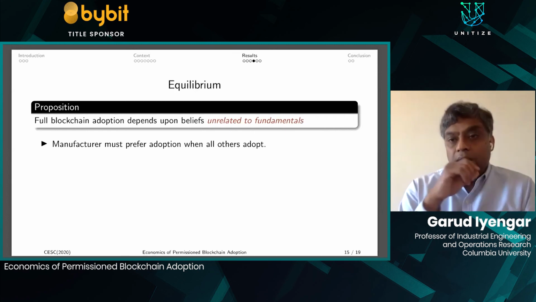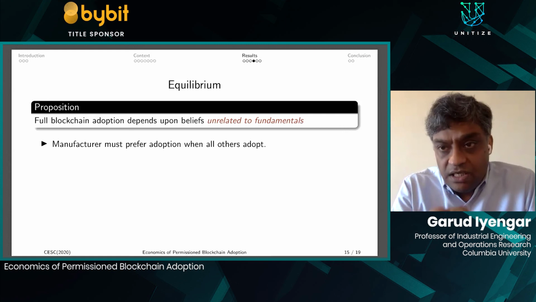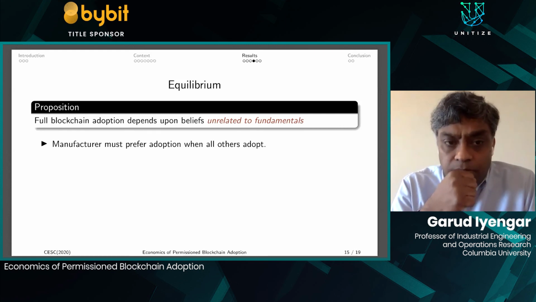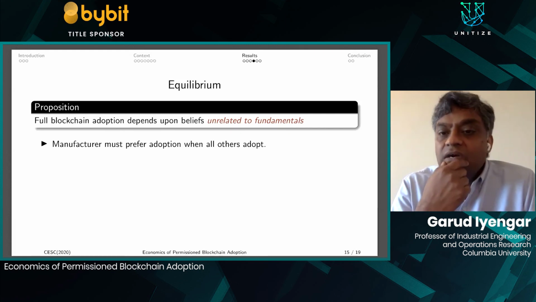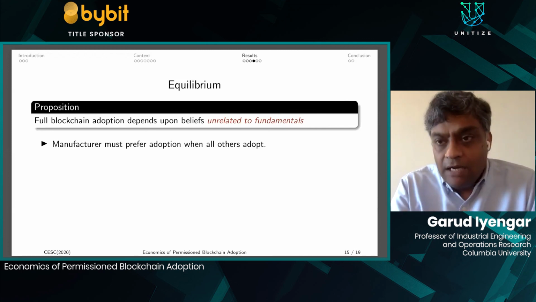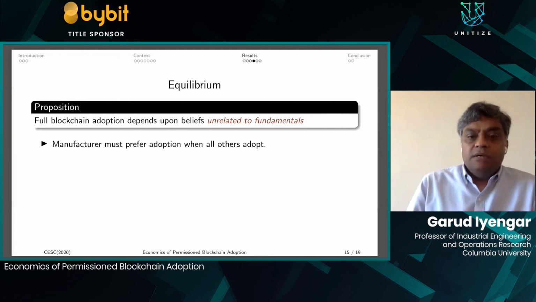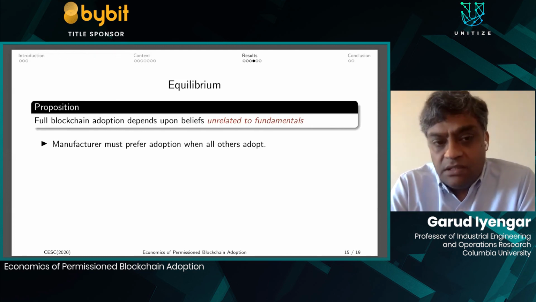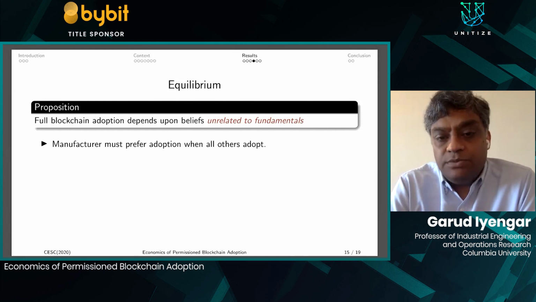So here's an interesting and tricky part. The fluid blockchain adoption depends on beliefs unrelated to fundamentals, and I'll unpack this statement in a moment. First of all, in equilibrium, if you want blockchains to be adopted, then all manufacturers must prefer adoption when others adopt. That's just a basic statement.